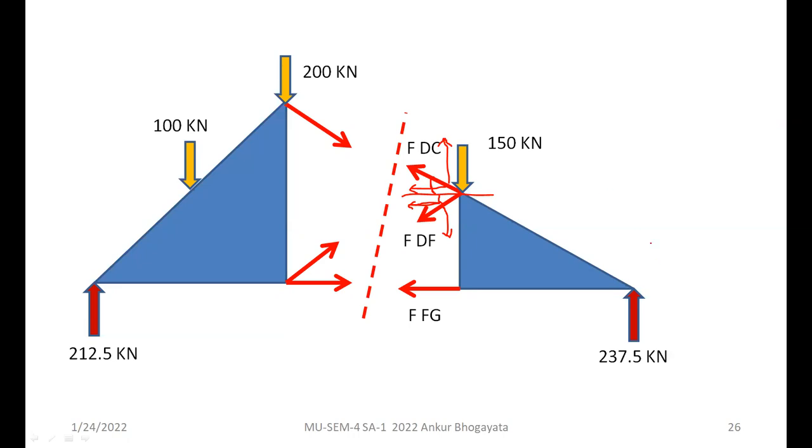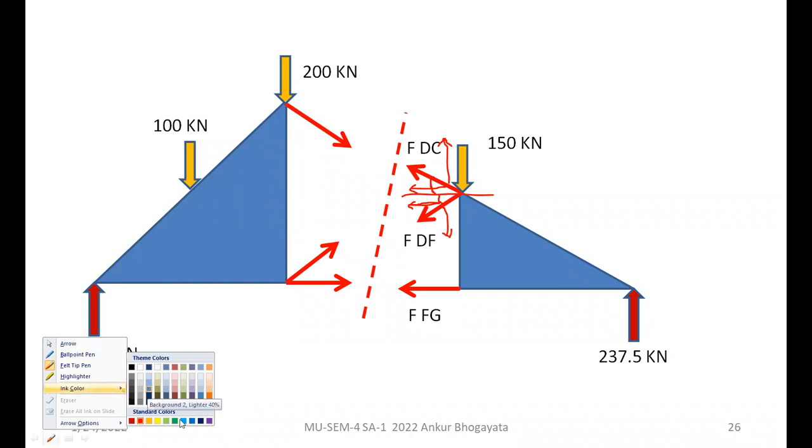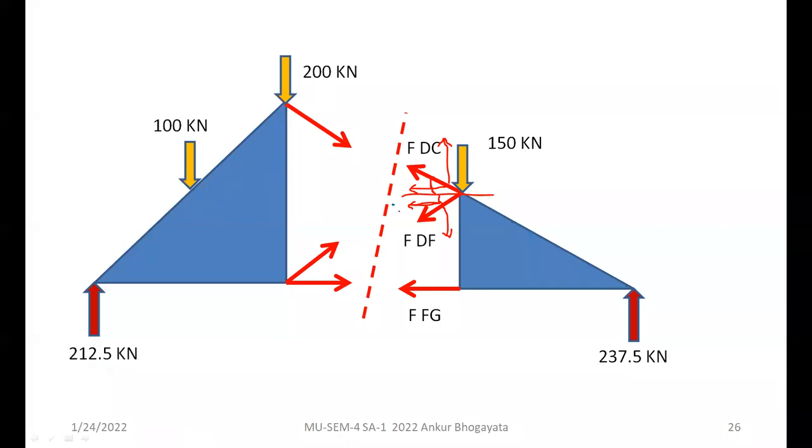So in this entire system we have three horizontal forces, 1, 2 and 3. So let me try changing the ink color for better demonstration. Yes, so this is first horizontal force, this is second horizontal force, and this is third horizontal force.